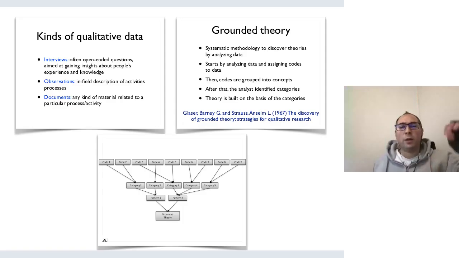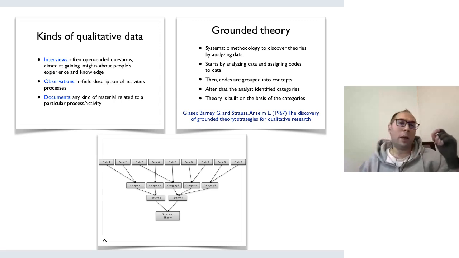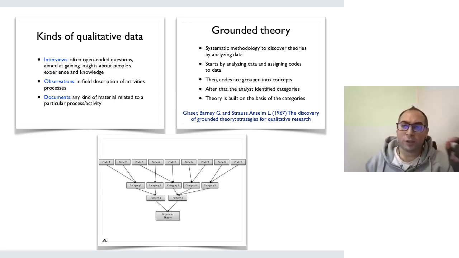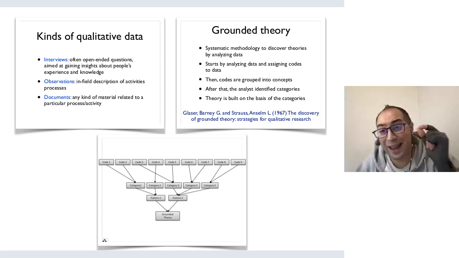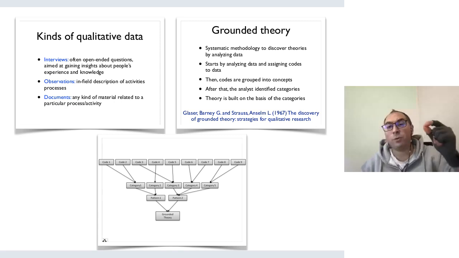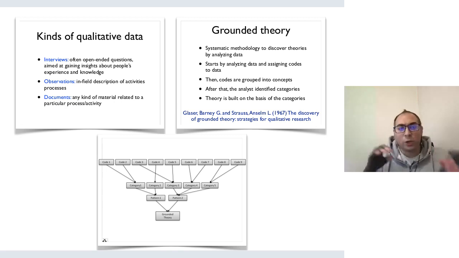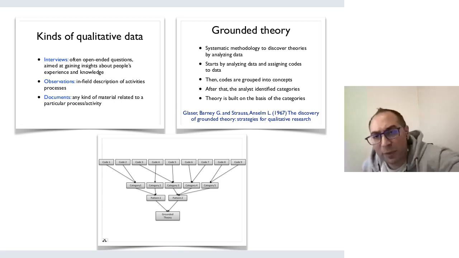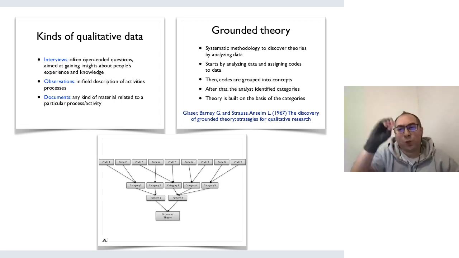In summary, you have lots of kinds of quantitative data. You have lots of kinds of scientific inquiries that reflect qualitative design. We have looked at grounded theory. Grounded theory is only an analysis method, which, however, reflects a prior research design, which has specific other aspects to it, which you need to balance out.